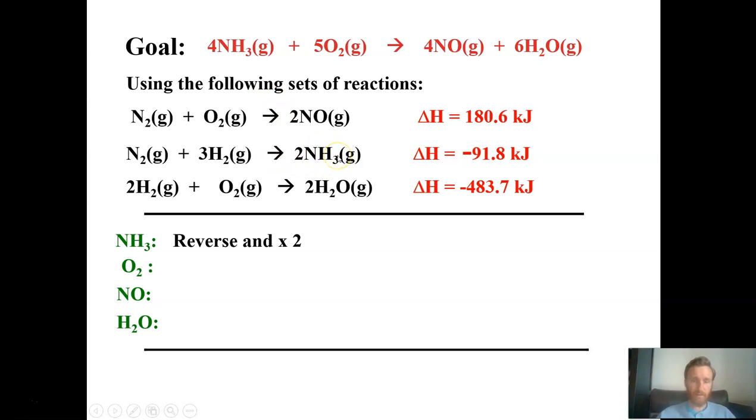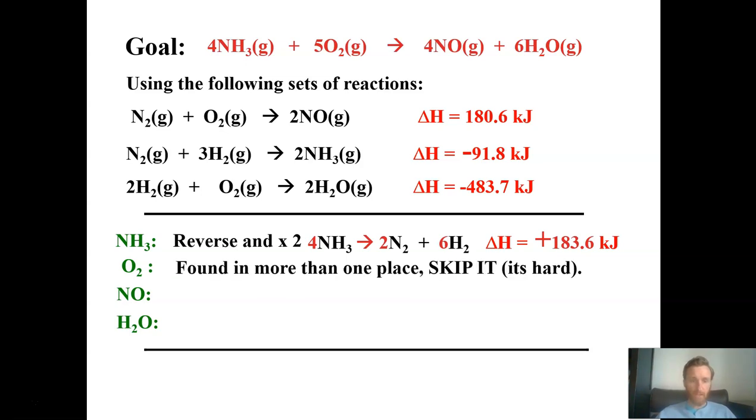So we need to flip that so the ammonia is on the reactant side, and we need to multiply it by 2. So it would look like this. Now when we do that, we've got to also multiply the delta H by 2 and change the signs because we flipped it.